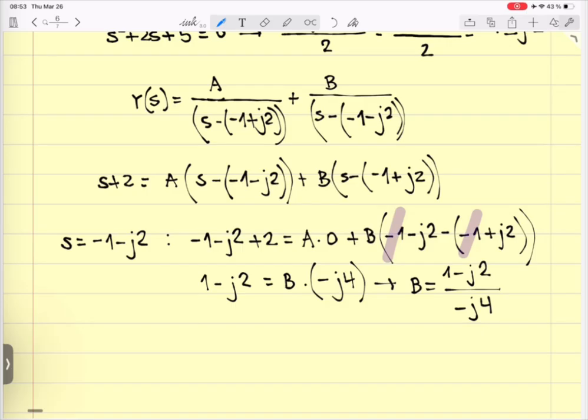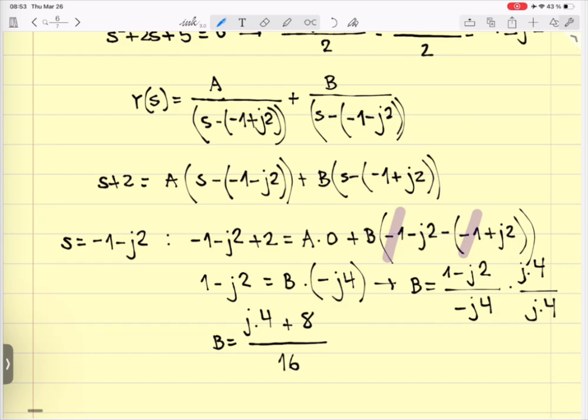If we multiply by the complex conjugate up and down, then we get the final value of b, which is going to be j times 4 plus jj is minus 1, plus minus 1, 8, divided by 16.